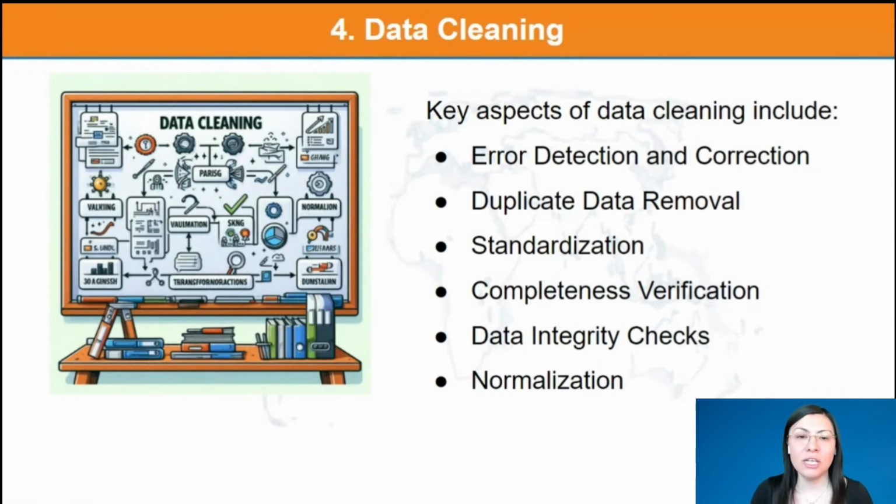We have to make sure that we have standard data in both LIMS systems. We need to have a verification confirming that all the necessary data fields are populated and complete, avoiding gaps or missing information. We also need to perform data integrity checks and normalization of data.